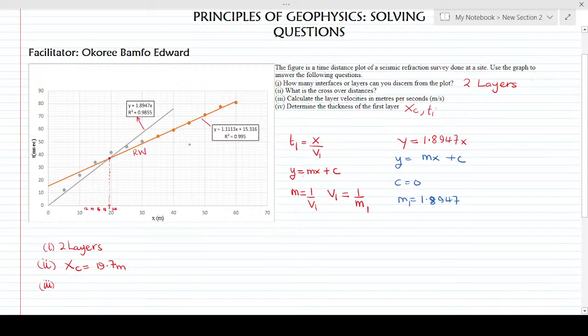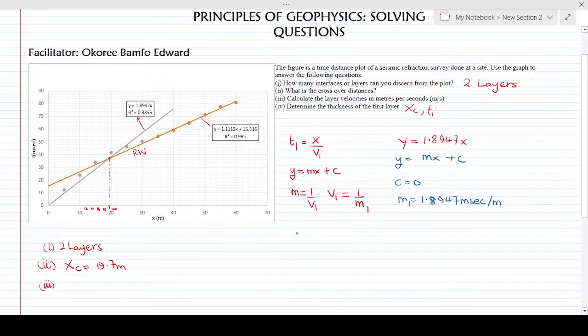That is M1 for the first line, the direct wave. Knowing that, what is the unit? We have time over distance. The time is in milliseconds and the distance is in meters, so the gradient is in milliseconds per meter.